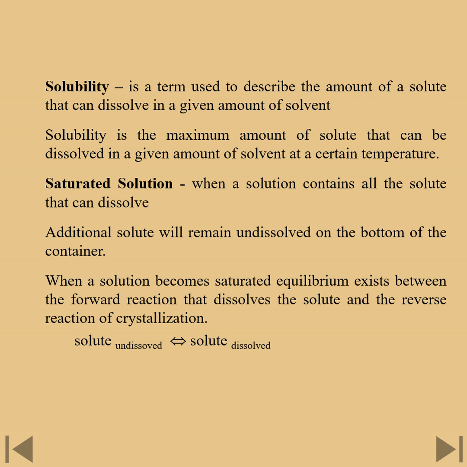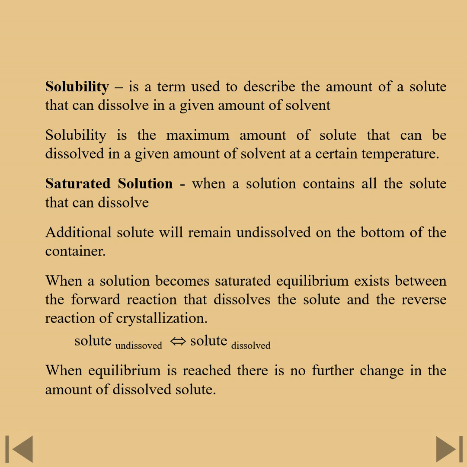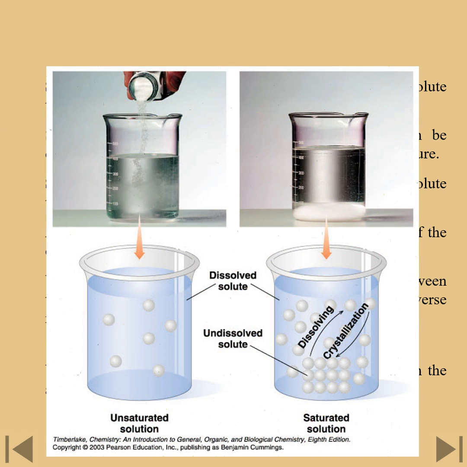Now, when you have reached equilibrium, what that says is the rate of the forward reaction and the rate of the reverse reaction are the same, and so we wouldn't have any further change in the amount of dissolved solute. The picture on the left, we can see we can dissolve more solute, so this would be an unsaturated solution. But over here on the right, we can see some solid on the bottom, and so we have a saturated solution.